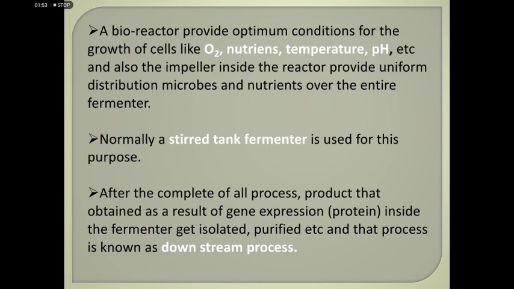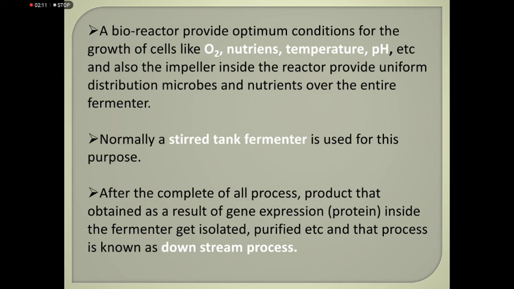That means the microorganisms can spread over the large bioreactor and the impeller provides the proper uniform distribution of the microbes, and all the desirable characters are provided inside the bioreactor.